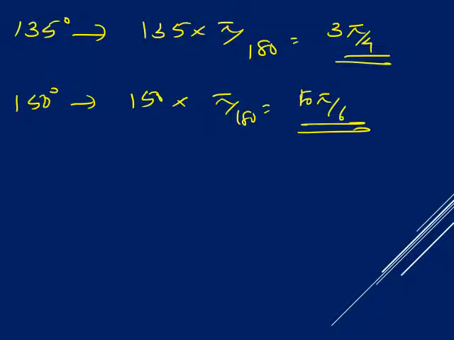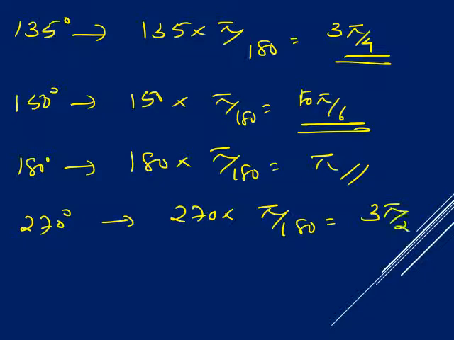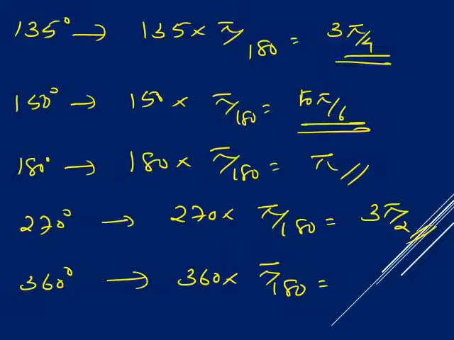Now 180 degree: 180 into pi by 180. The answer is pi radian. 270 degree: 270 into pi by 180. The answer is 3 pi by 2. 360 degree: 360 into pi by 180. The answer is 2 pi radian. This is the way we are converting degree into radian measure.